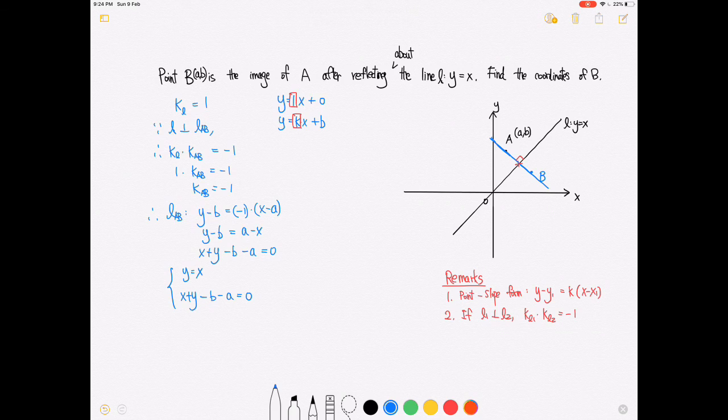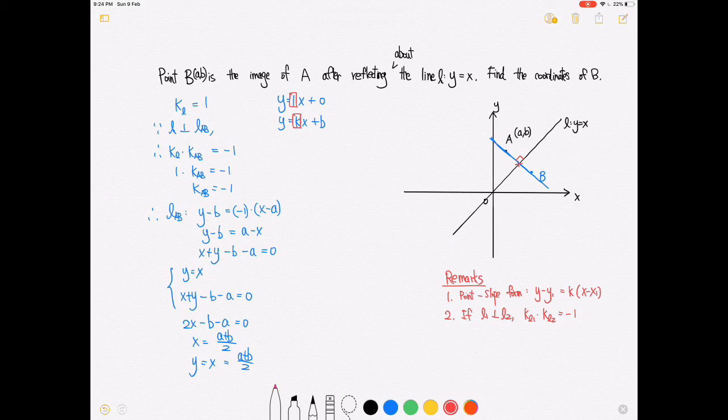Let me just solve it very fast. I substitute y equals x in the second equation, and we have 2x minus b minus a equals 0. So x will be (a plus b) over 2. Since y equals x, therefore y is still (a plus b) over 2.